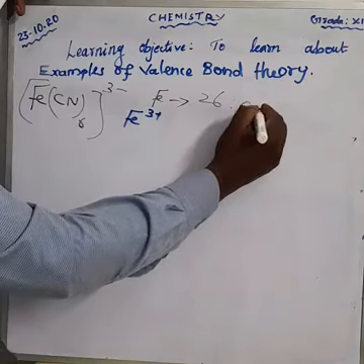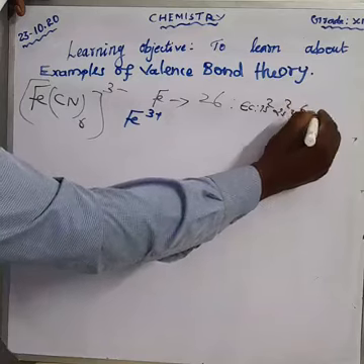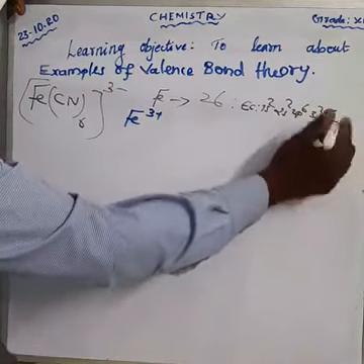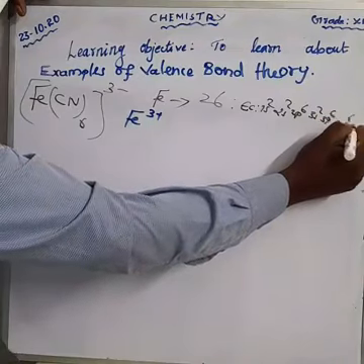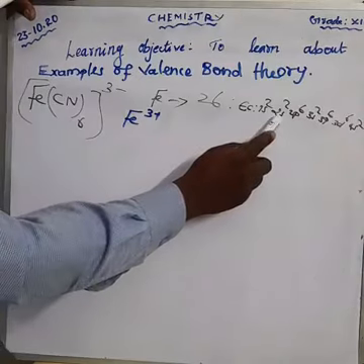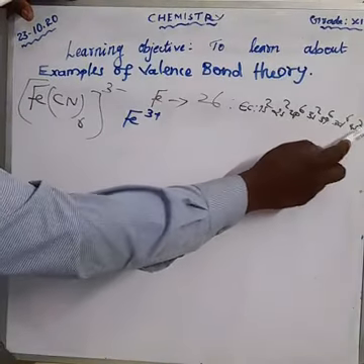EC is equal to 1s2, 2s2, 2p6, 3s2, 3p6, 3d6, 4s2. Okay, shall we count that one? 4 plus 10, 6, 10, 12, 18, 20, 26.